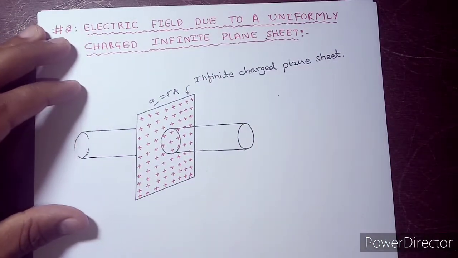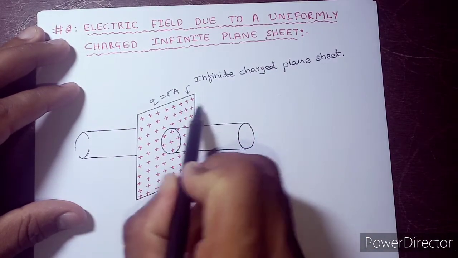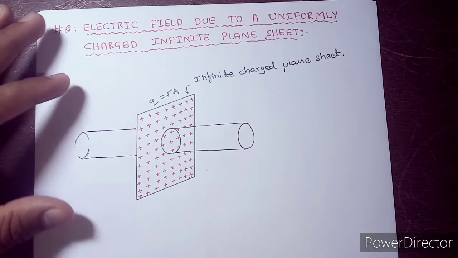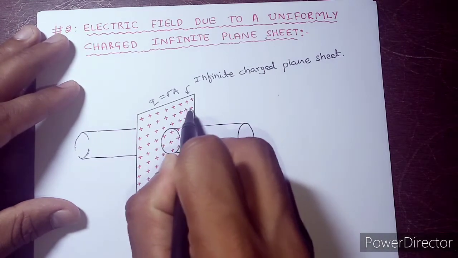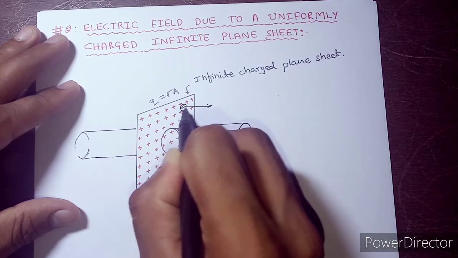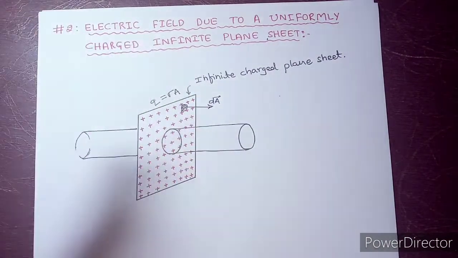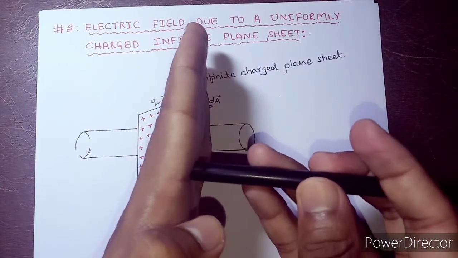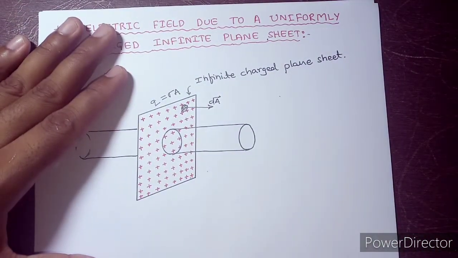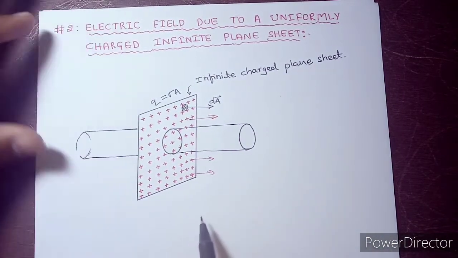Okay, and now we also know that electric field lines will be perpendicular to this plane, and the area vector will also be perpendicular to this plane, like this. If I consider this is a small area dA, the area vector is perpendicular to that plane. So here also the same thing happens, and electric field lines are also in the same direction on the right side.